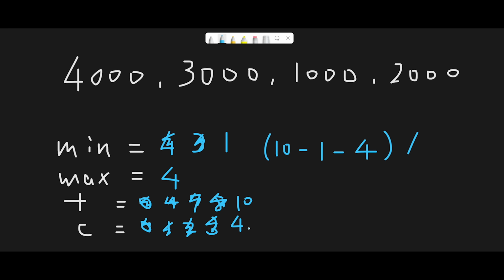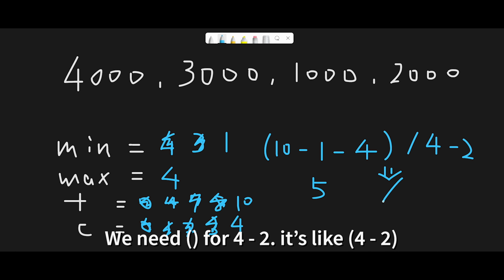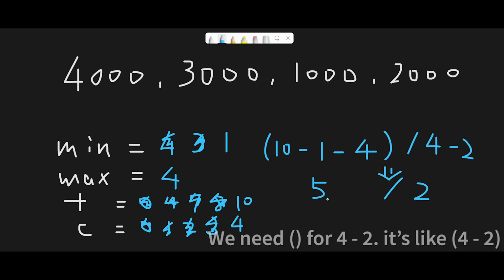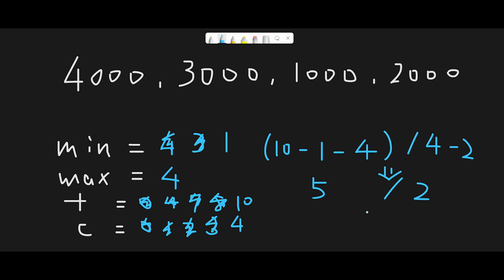The total count is 4, but we have to exclude two numbers, the minimum number and the maximum number, so that's why minus 2. Let me calculate this: 5,000 divided by 2. So we get 2,500 in this case. So that is my idea to solve this question with one loop.